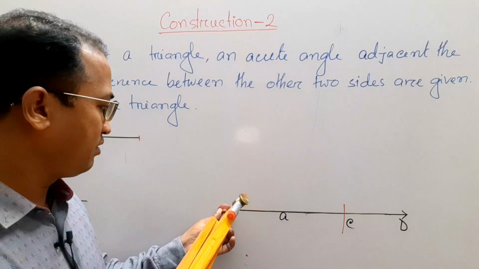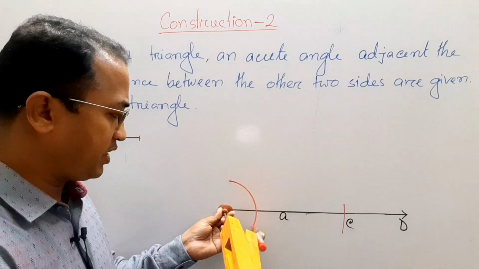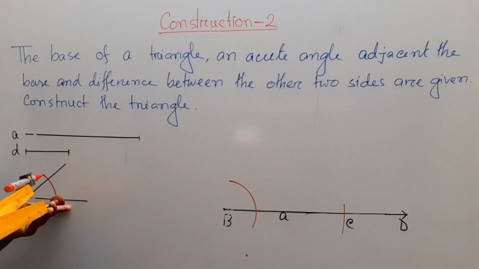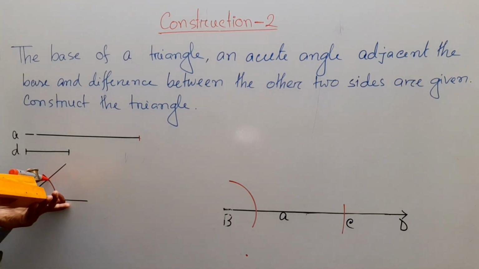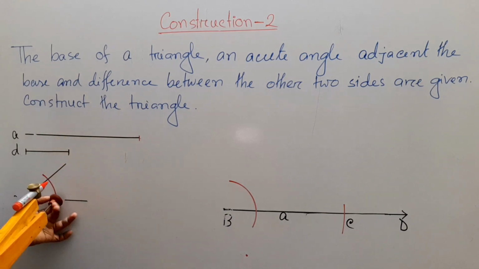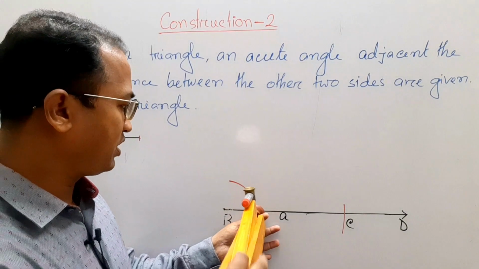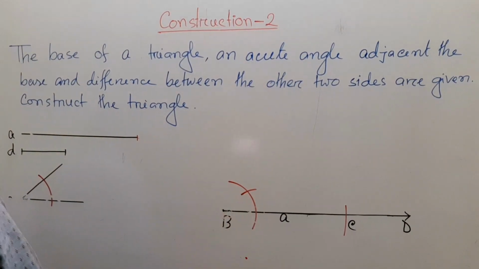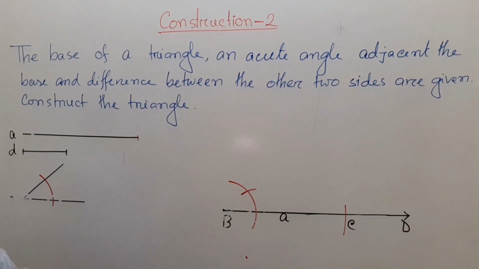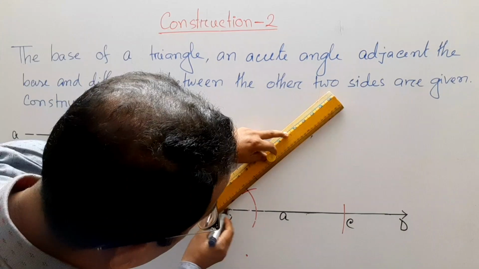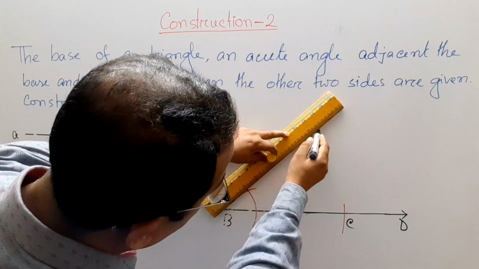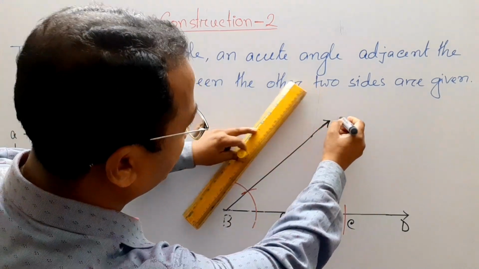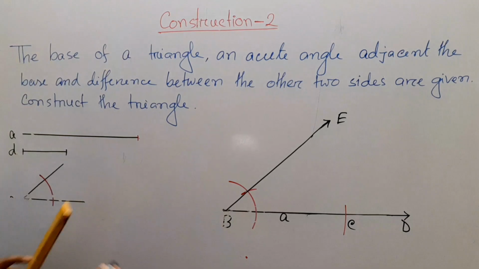And centering B with the same radius, we draw an arc. Now take the measurement of the distance of these two points. Now join these two points, and you will get an angle that is equal to angle X. That is, CBE is equal to angle X.